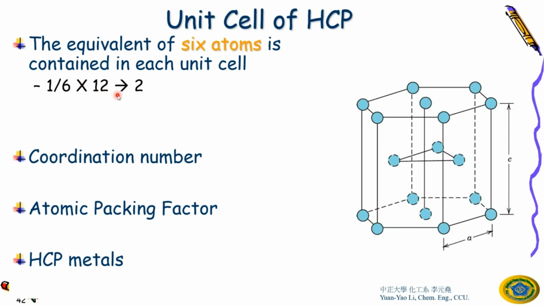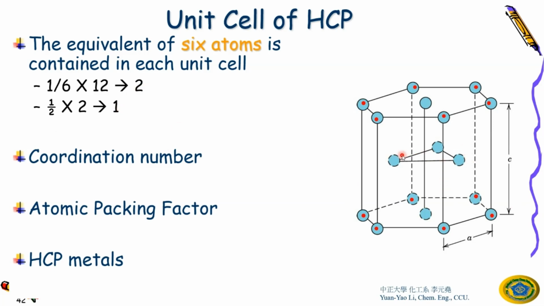So 1/6 times 12 equals 2. Then the atoms on the faces are shared by two unit cells, so half times 2 equals 1.